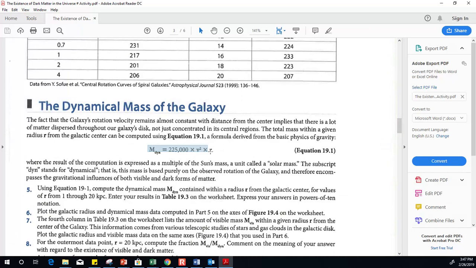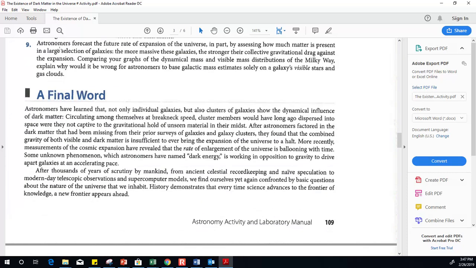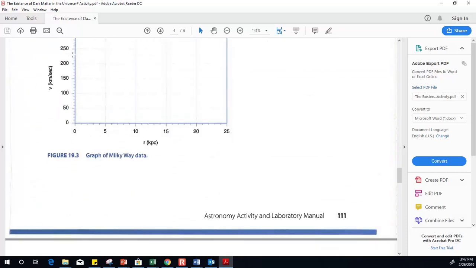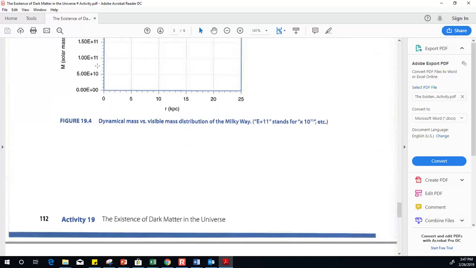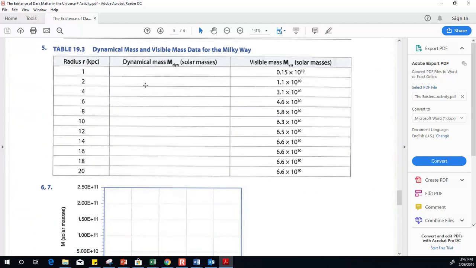You know the velocity and you know the distance, so you just have to calculate the dynamical mass and fill in this table here.